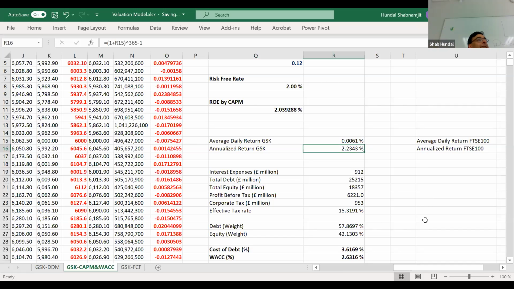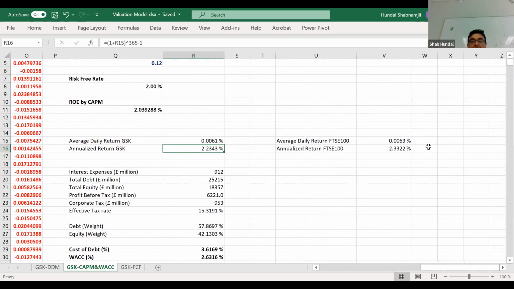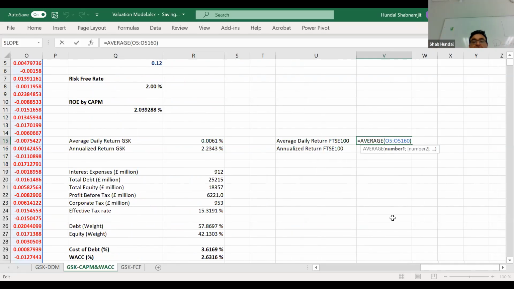This is the annual increase. So the GlaxoSmithKline stock is increasing. Return, not stock, I should be careful. Return is growing at 2.23% a year for the last 20 years. And then you compare the index return also. And you see that in comparison to the GlaxoSmithKline, the index is growing on a daily basis at this.